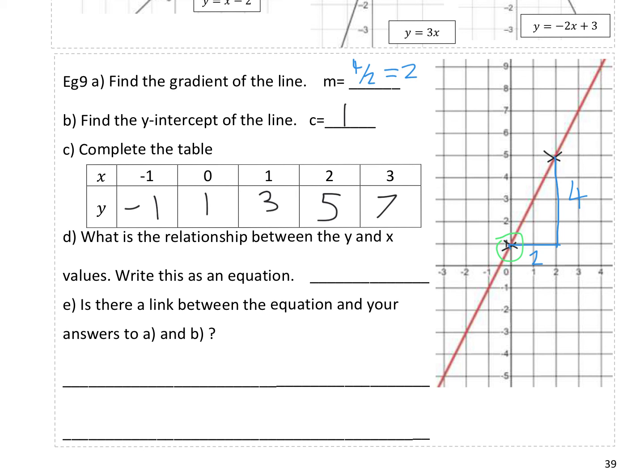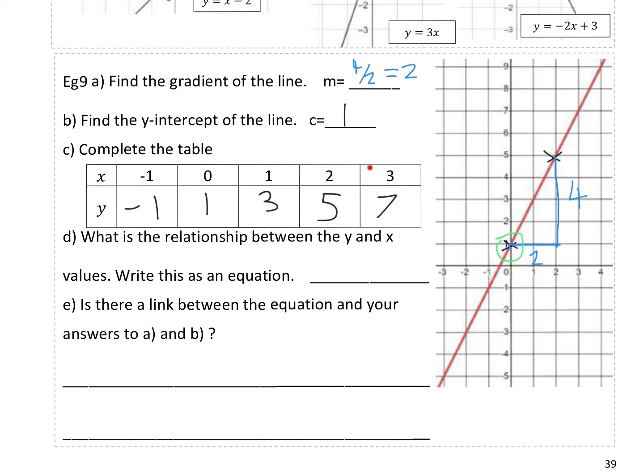Part D, what is the relationship between the y and x values? Write this as an equation. So if we look at 3, 7, 2, 5, 1, 3, 0, 1, it's easier to see the link maybe with the simpler numbers than it is with the negatives. How do we get from 0 to 1? How do we get from 1 to 3?